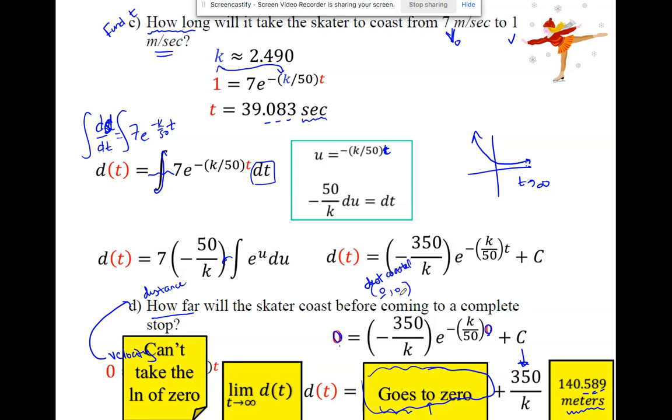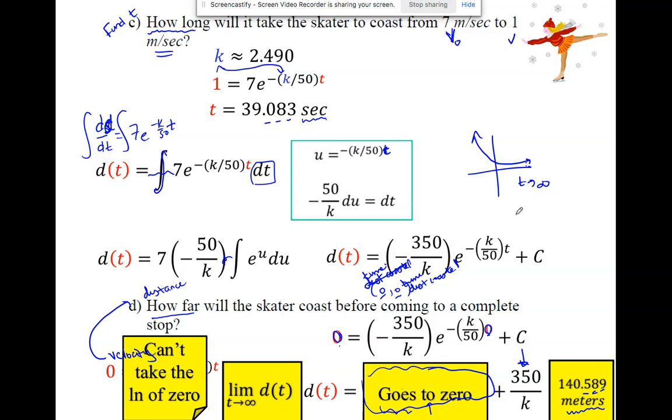Distance coasted at time 0. Oh, other way around, silly. Time 0, distance coasted. That's how I got my C. Took the limit, e to a negative, swoosh slides, asymptotic behavior.